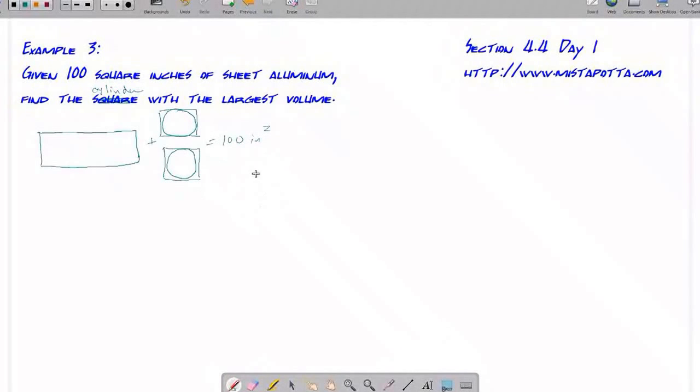But in order to do this, I need to get a cylinder which has the largest volume. And the formula for the volume of a cylinder would be pi times the radius squared times the height. So what I need to do is get all of this in terms of r and h.